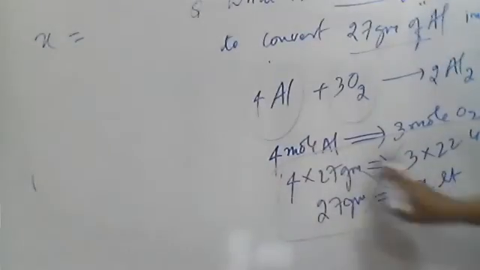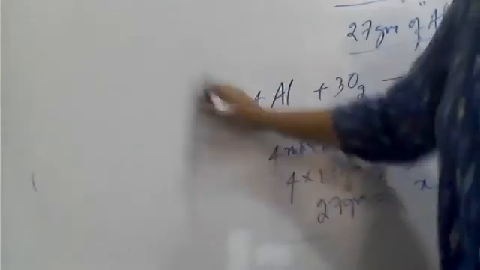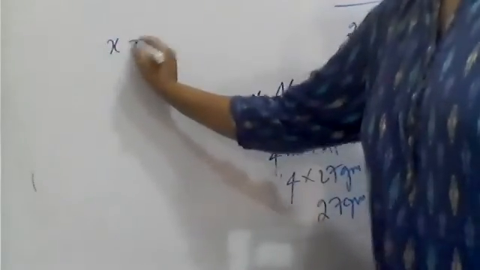So x equal to, beta, x equal to, what is this one? 27 into, I'll write here. Okay, x equal to, on crisscrossing.